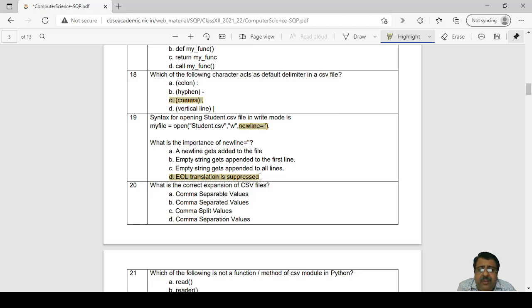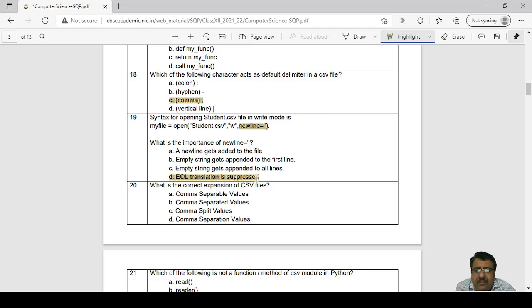Why do we need to suppress the end of line translation? The reason is CSV files are basically text files only. And in a text file, there is end of line translation. Whenever a file is opened, at that time, all the newline characters will be converted into end of line.